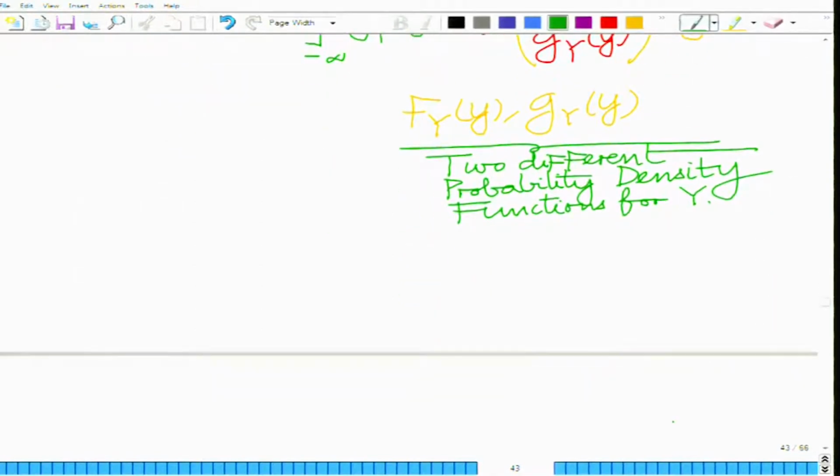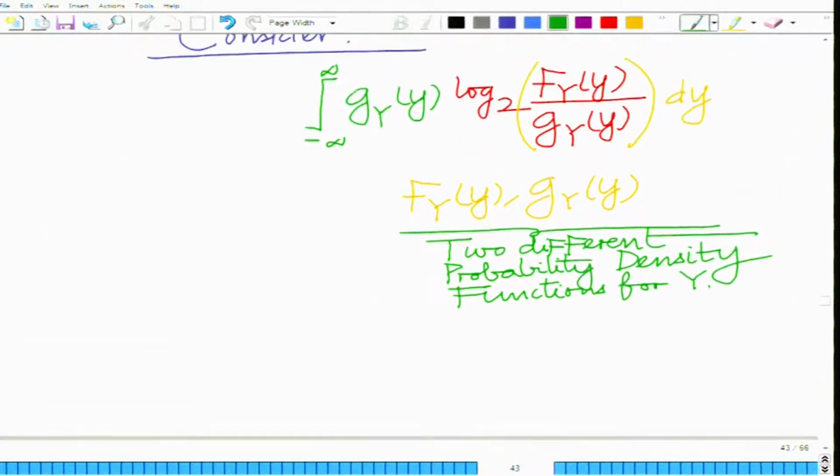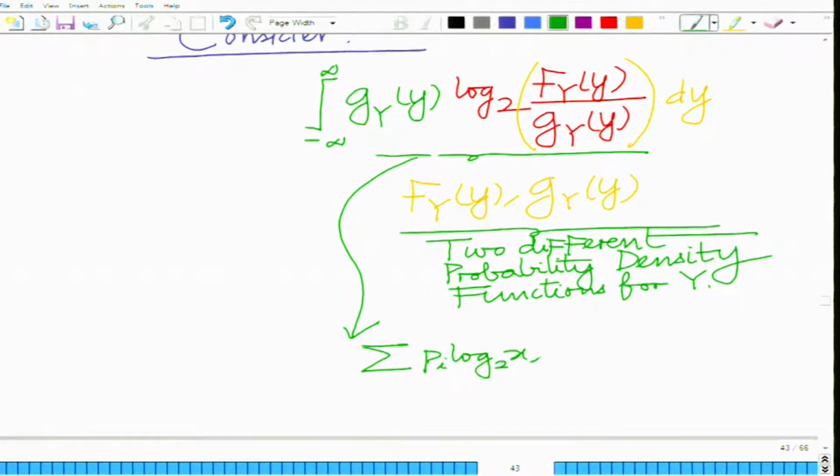Now if you look at this, we want to use the convexity of the log. Remember, from the convexity of the log we have the summation over i equal to 0 to m minus 1 of p_i log to the base 2 of x_i, which is less than or equal to log to the base 2 of the summation of p_i x_i.